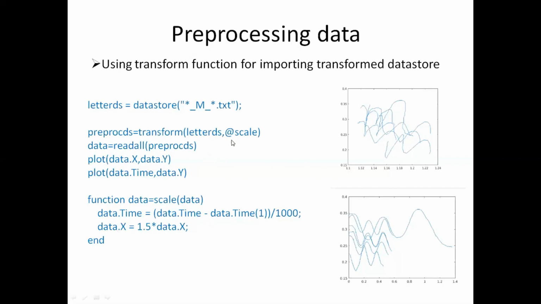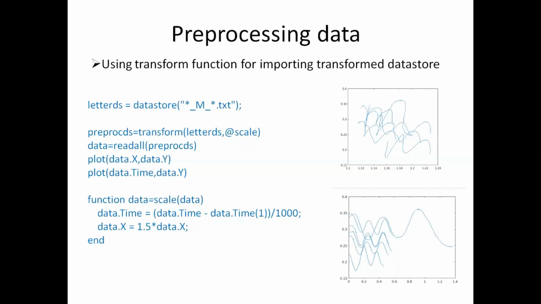This will call that function, and the transformed data store we store using the variable name pre-processed data store. This is the variable name that we use for storing the transformed data store.